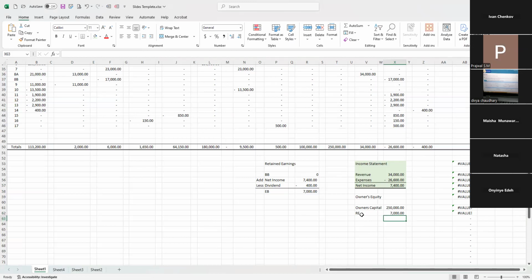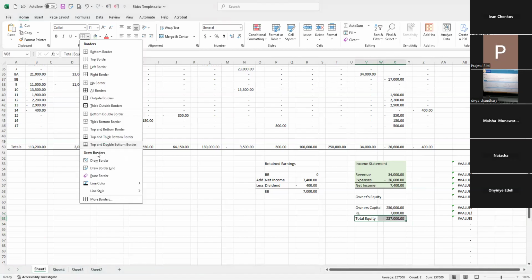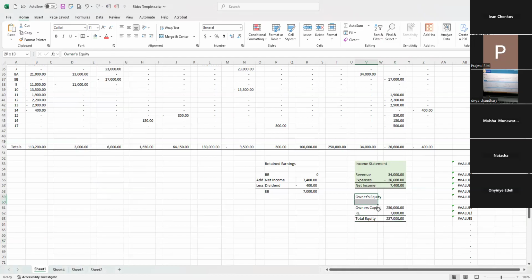So how much is the total owner's equity? 257,000. Total is plus both, and 257. Let's make it nice and neat like this. And that's our second statement, right? Right.